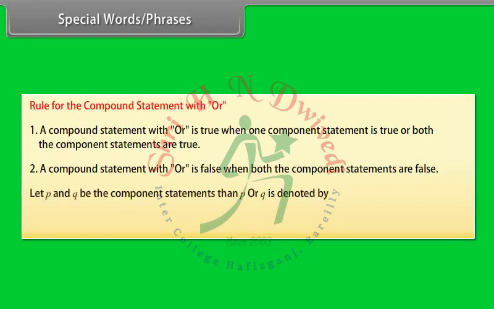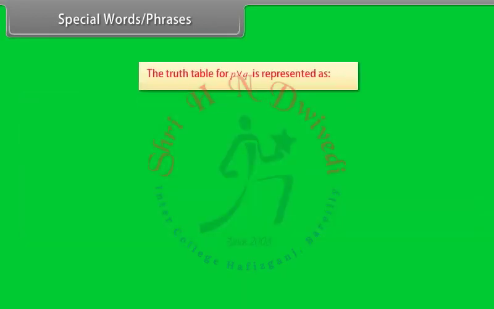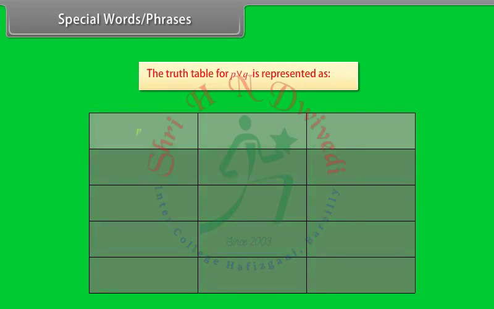Let P and Q be the component statements, then "P or Q" is denoted by P ∨ Q. The truth table for P or Q is represented as: for P true and Q true, P or Q is true. For P true and Q false, P or Q is true. For P false and Q true, P or Q is true. For P false and Q false, P or Q is false.